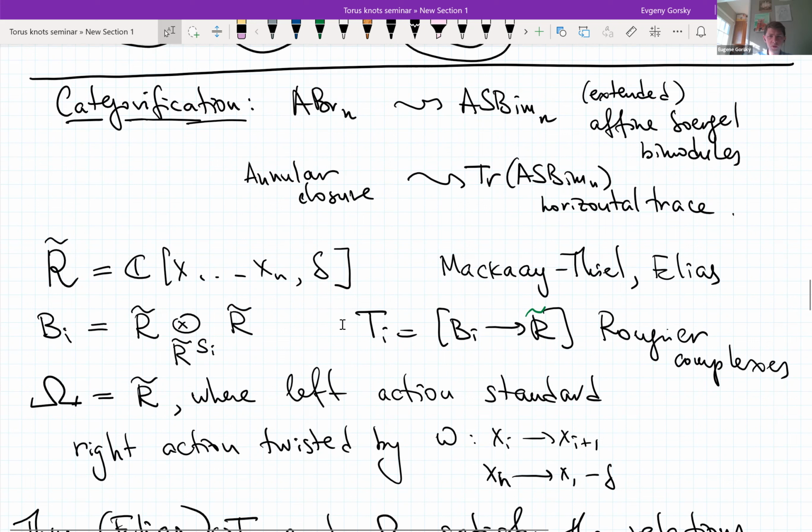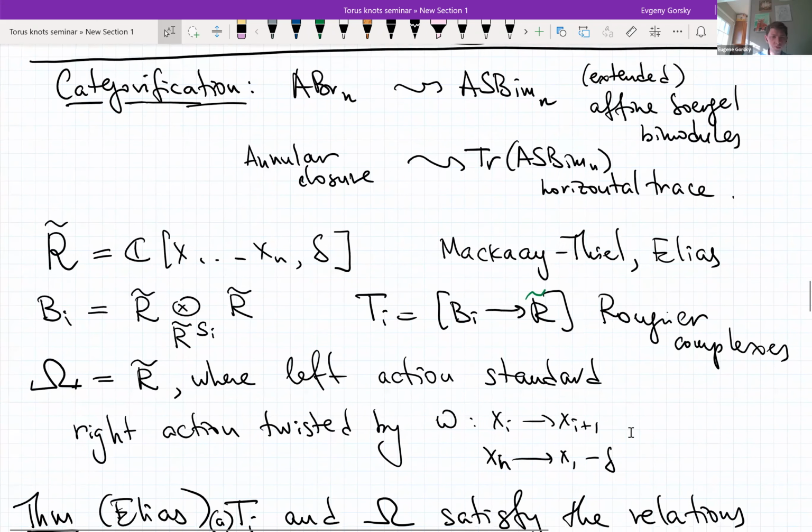Doesn't really matter which one for this exposition. And then for omega, you have one extra bimodule, which is interesting, which is the new part of this construction. So this is the category. The category of affine Soergel bimodules is just the category generated by these B's and omegas up to tensor products, direct sums, direct summands and grading shifts.